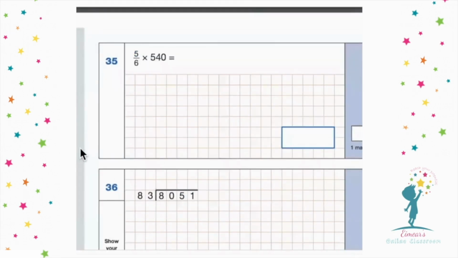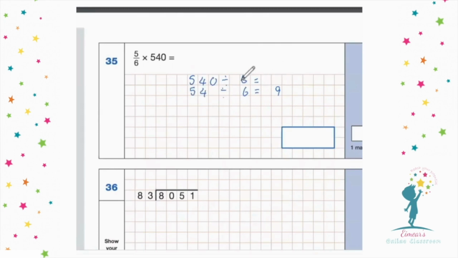We've done it. We've got to the last page. So 5/6 of 540. So we'd need to work out what 1/6 of 540 is. So it's really useful if you know your times tables. So 540 divided by 6 equals, well, if you know that 9 6s is 54, you know that 54 divided by 6 equals 9.